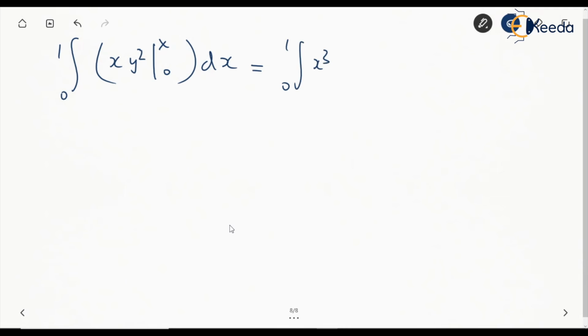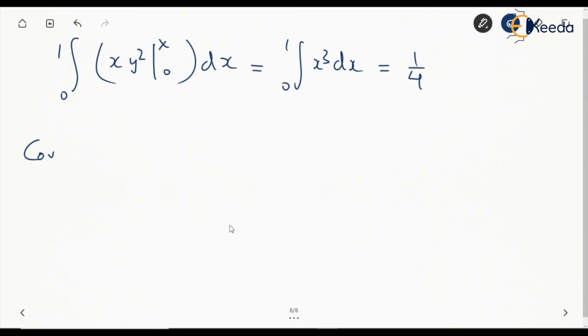The first integration, of 2xy with respect to dy, gives xy square with the limit 0 to x, and we can integrate this from 0 to 1 dx. The lower limit will give you 0, x will give you x cube. So this is the integration from 0 to 1 of x cube dx, which is x to the power 4 by 4, and with the limits, it is 1 by 4.